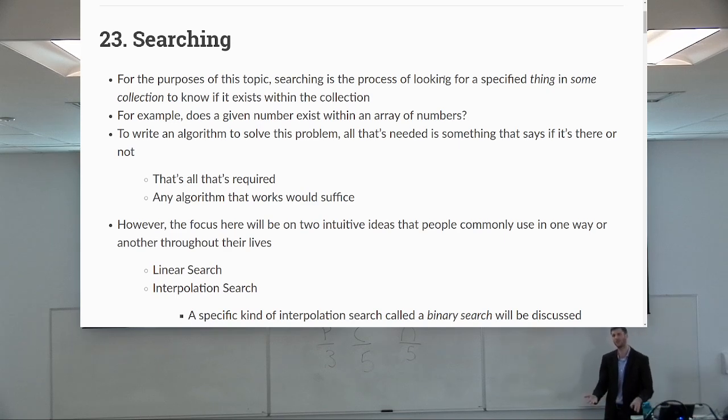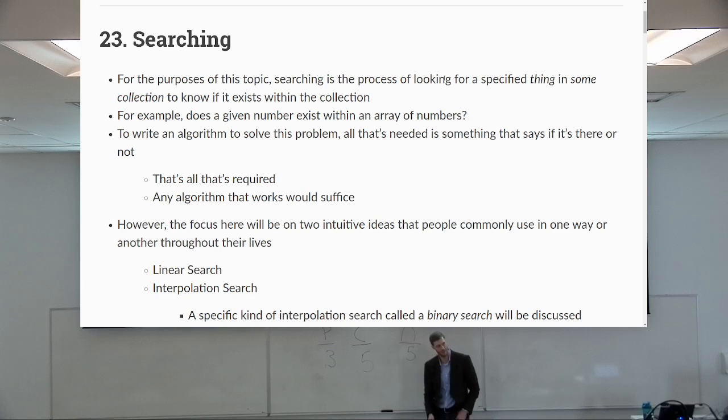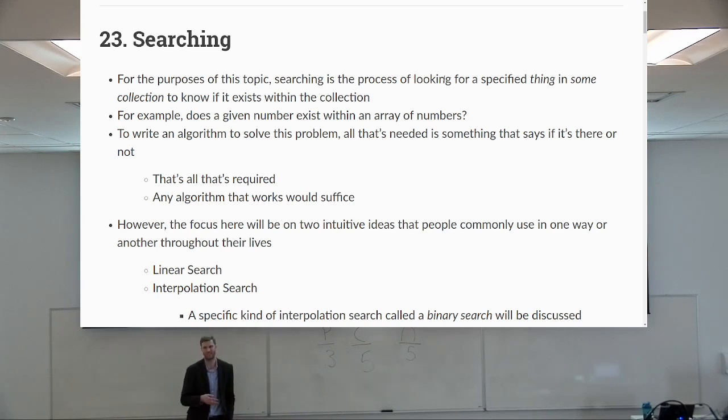For the purpose of this topic, let's define searching. Searching is a process of looking for something, a specific thing, in some collection to know if it exists or not. I know it might sound silly to define searching, you all know what it means, but just to make sure there's no confusion.